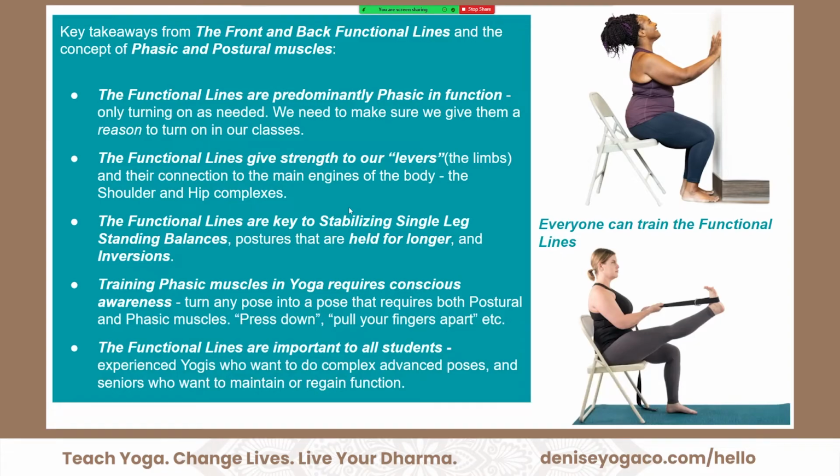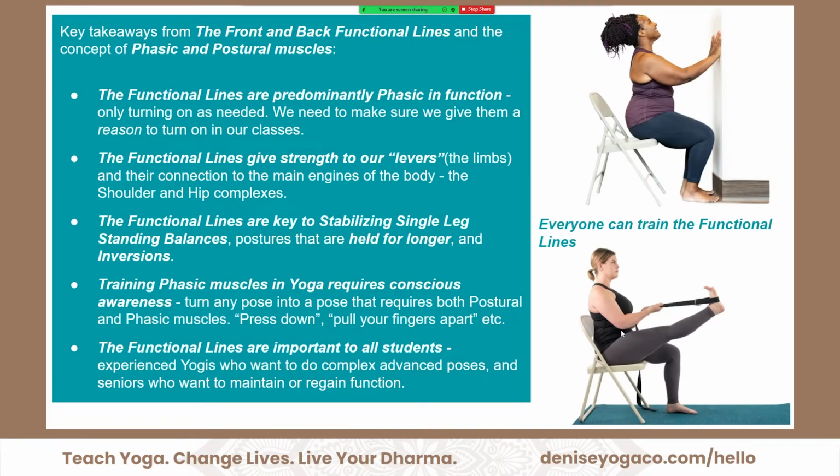Okay? If you think about your front functional line, especially those abdominals, and then the adductors, I guess those are hip flexors as well. So you could be sitting on a chair like this, sitting up very tall, and just lifting the leg.